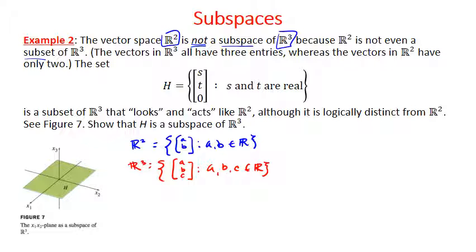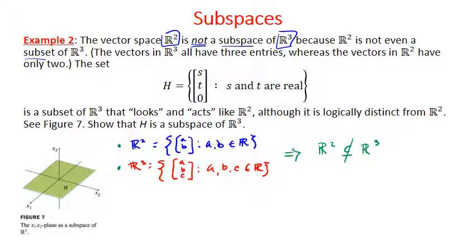So this tells me that R2 is not even a subset of R3 because these two items represent different types of geometric objects.